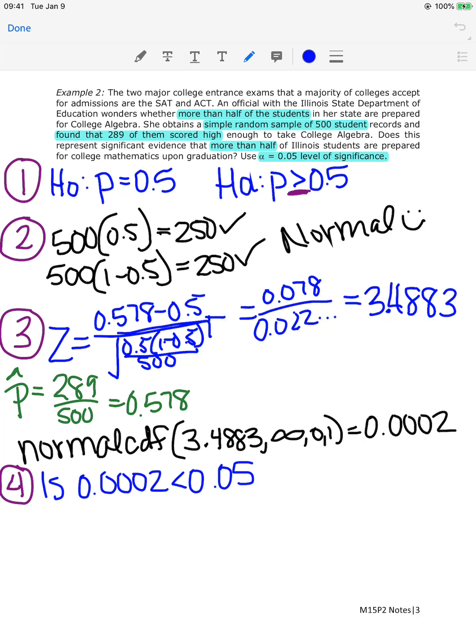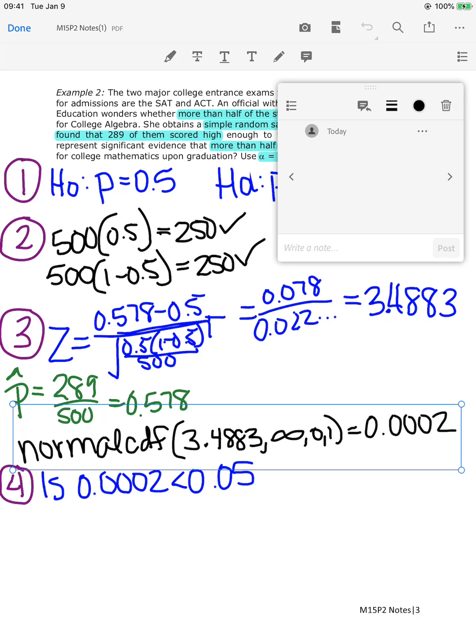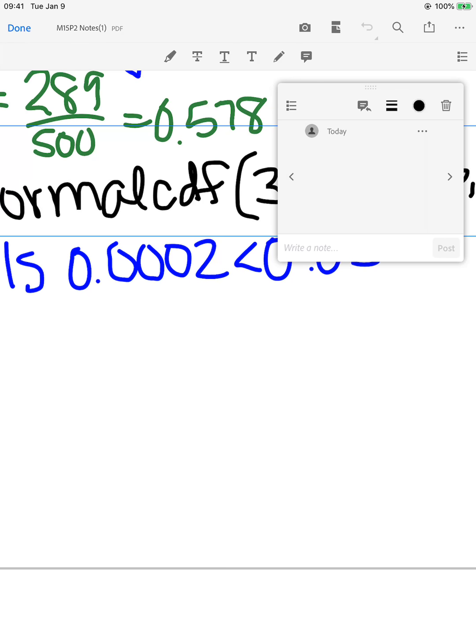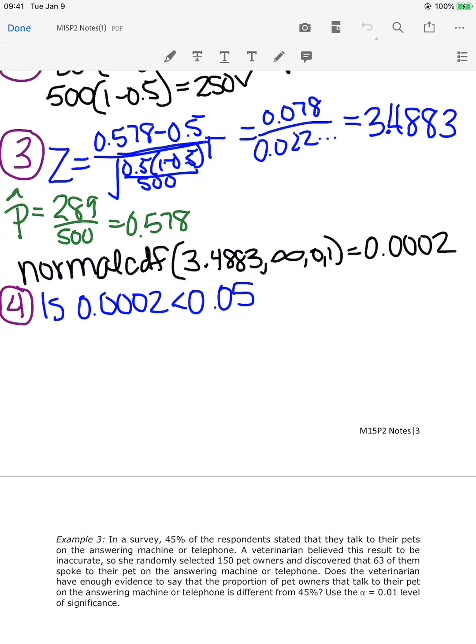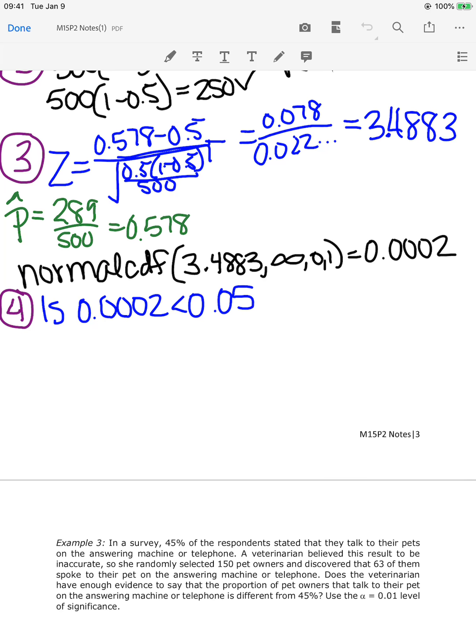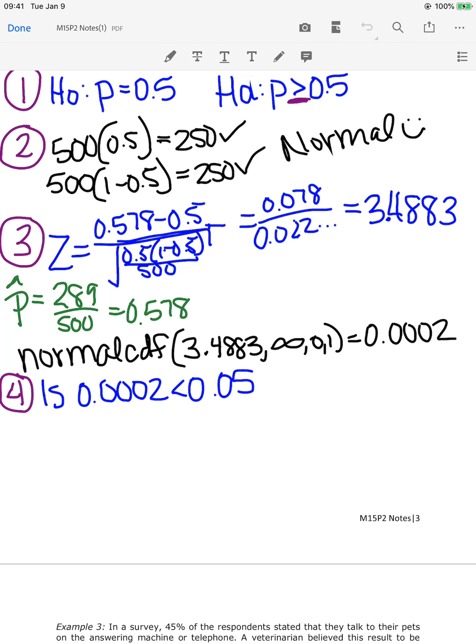Okay, this less than symbol has nothing to do with our alternative. The alternative piece, the greater than, came in when we calculated this probability. But now we're asking ourselves, is this probability too small? Is it smaller than alpha? And in this case, the answer is yes, it is smaller than alpha.